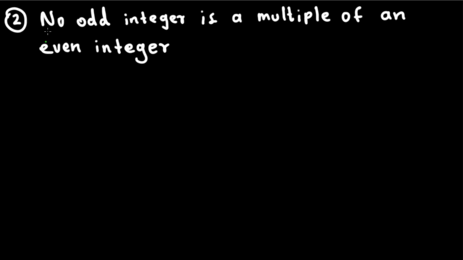In this one, it's asking no odd integer is a multiple of an even integer. Now let's go ahead and write this one in symbolic form.